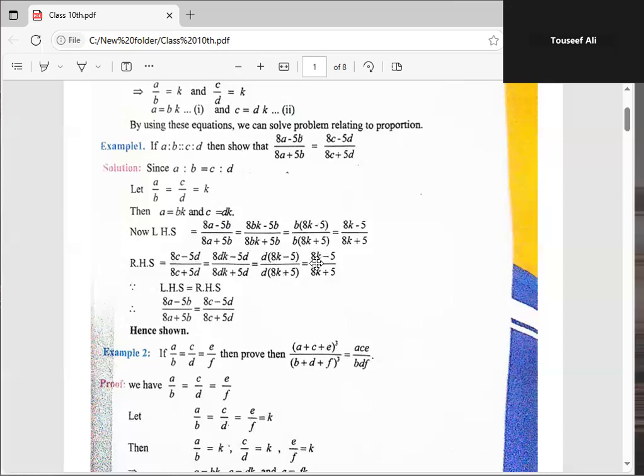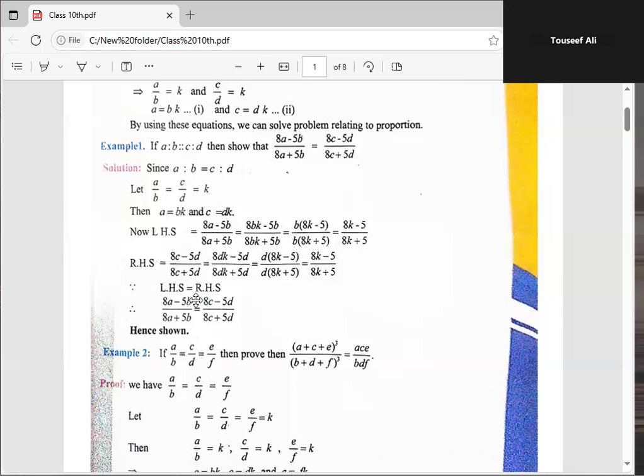The remaining term is 8K minus 5 divided by 8K plus 5, which is the solution of the right hand side. Now see, the solution of the left hand side and the solution of the right hand side are both the same. This means that left hand side equals right hand side. Hence we show that the left hand side and right hand side are equal to each other.